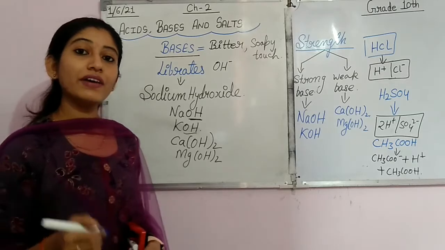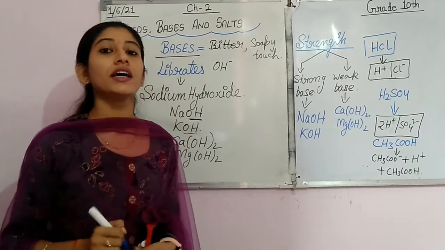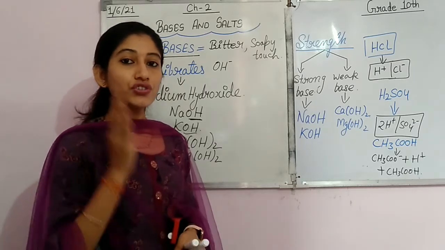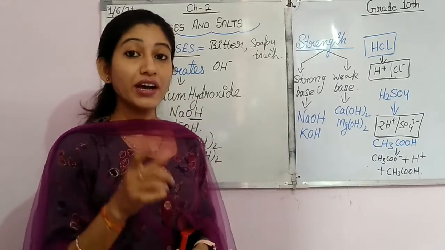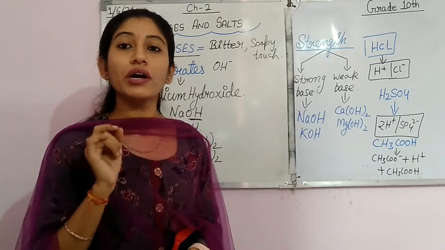Now you know very well why we are calling them strong and why weak: at the time of dissociation, the strong bases dissociate completely, whereas the weak bases do not dissociate completely.